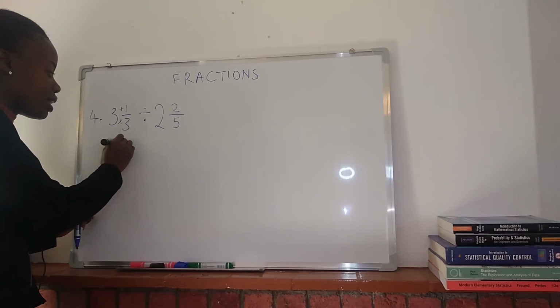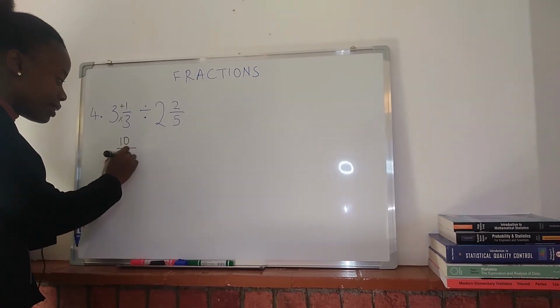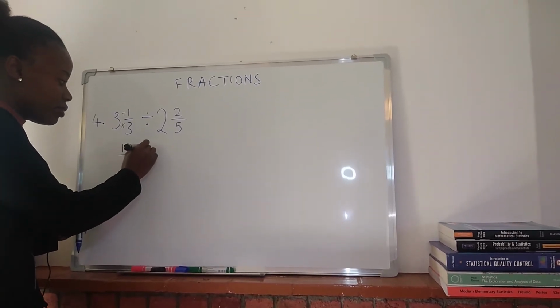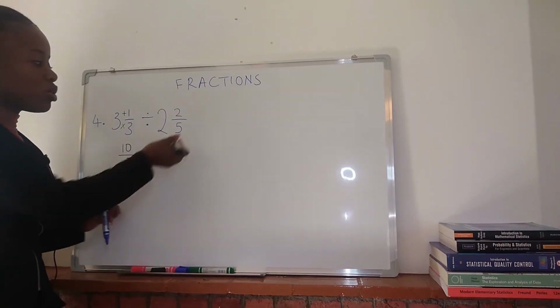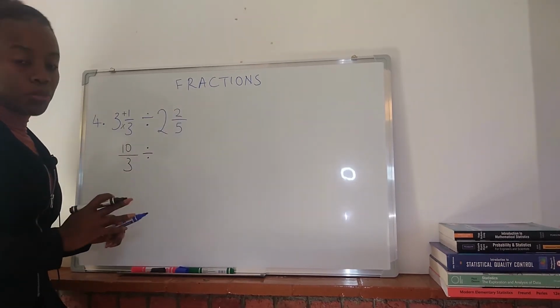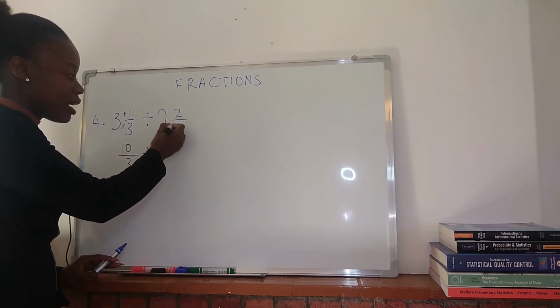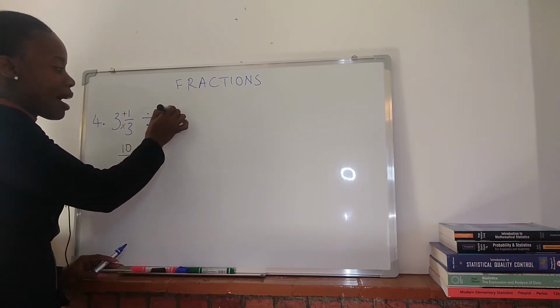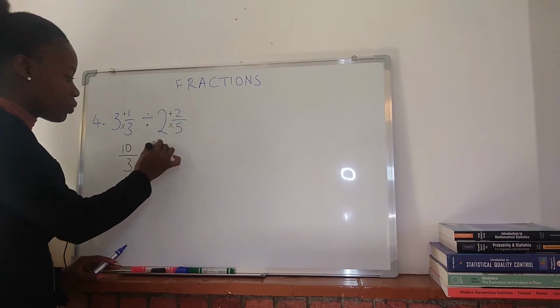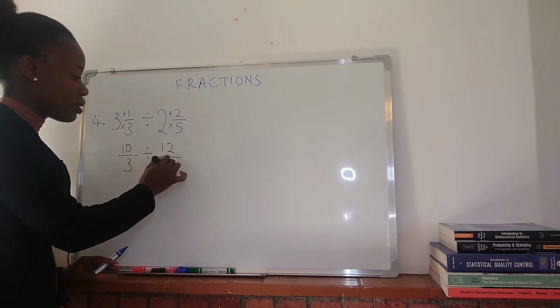So we're going to have 10 over 3 divided by, you change even this side to improper fractions, okay? So 2 times 5 is 10, 10 plus 2 is 12. So we're going to have 12 over 5.